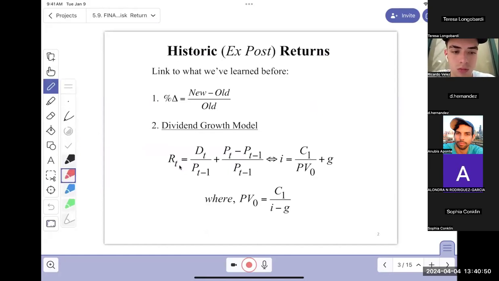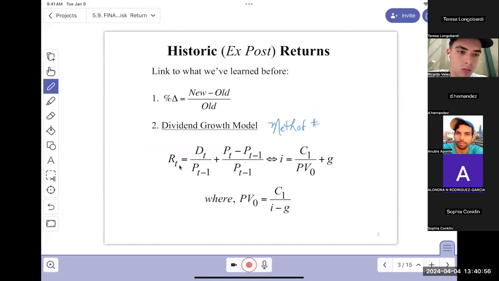And the first method to doing that I introduced was known as the dividend growth model approach. And that is using market information with certain assumptions that are the same assumptions as those for growing perpetuity.